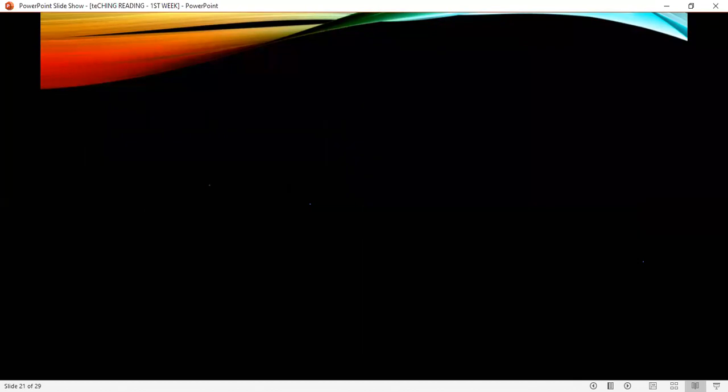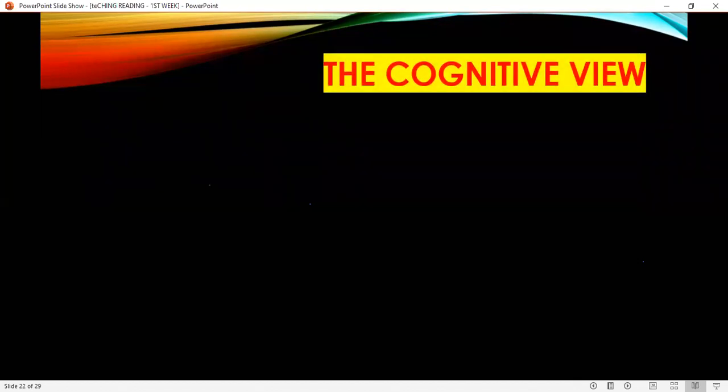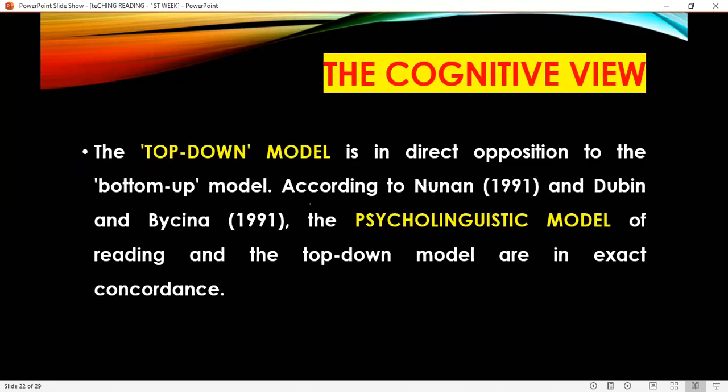Okay, now let's continue with the other one, the cognitive view. So what do they say? According to this cognitive view, also called the top-down model, it's in direct opposition to the bottom-up model.